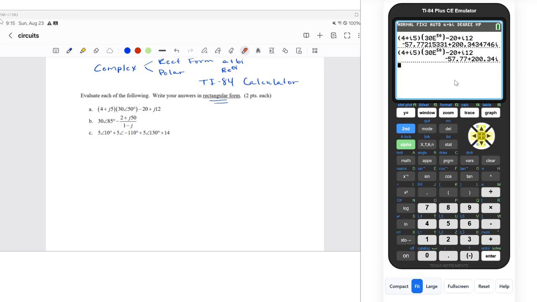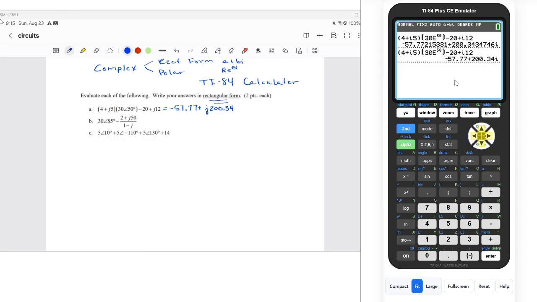All right, so my answer here is minus 57.77 plus J200.34. And in circuits, we're using J instead of I for complex numbers because we use I for current in circuits. So it's confusing, so we use a different letter. We use J.